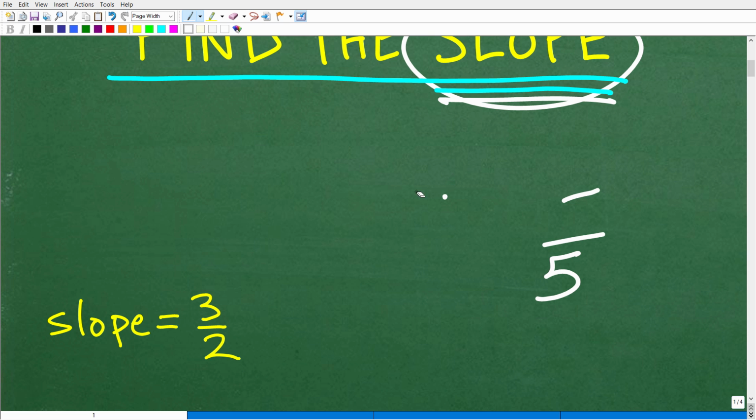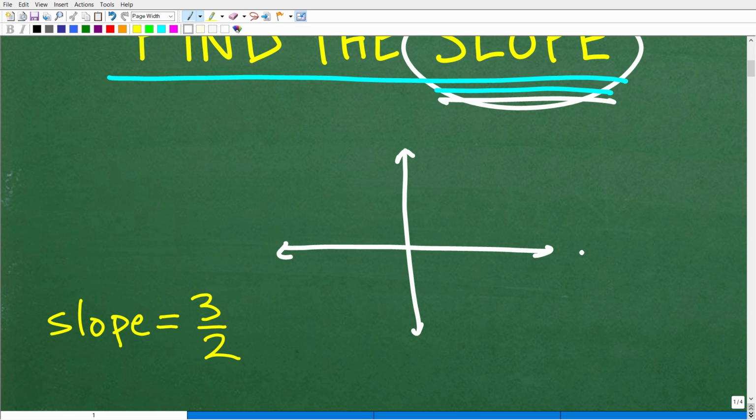Now, before I show you the full solution, let's just quickly set this problem up. So when we're talking about the slope of a line, I'm just going to sketch out a quick little XY coordinate plane. So we have these things called linear equations or lines, right? So here is a lovely line. Now, this line has a respective equation that goes with it.